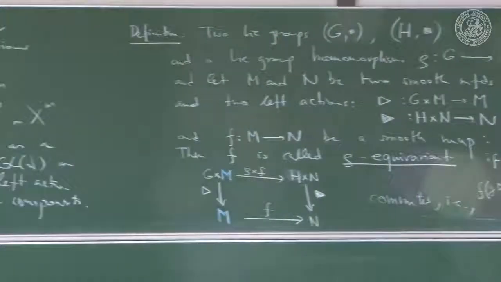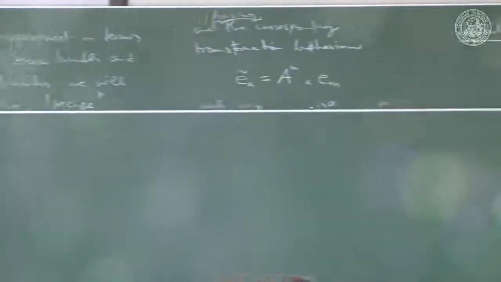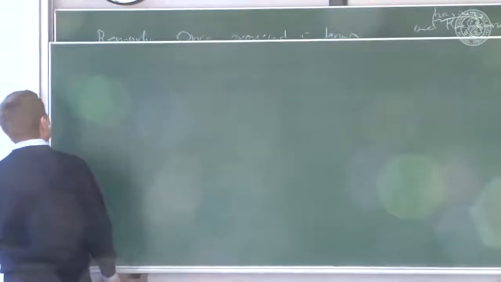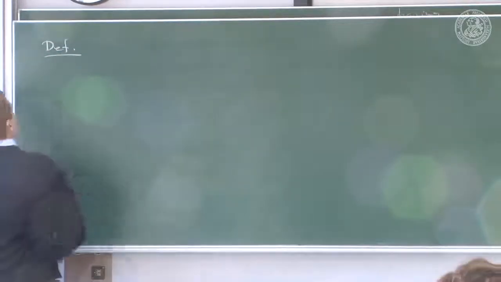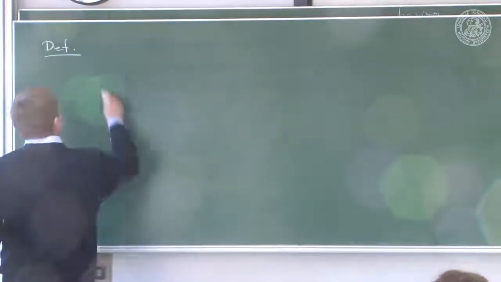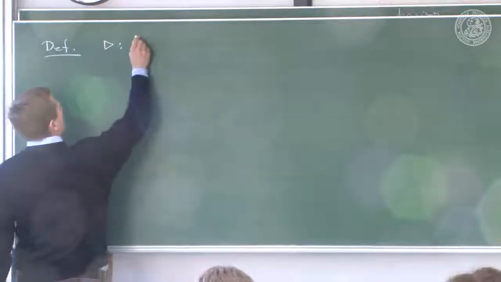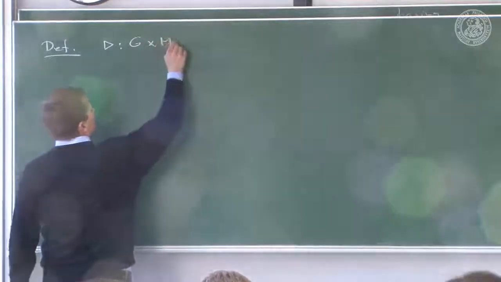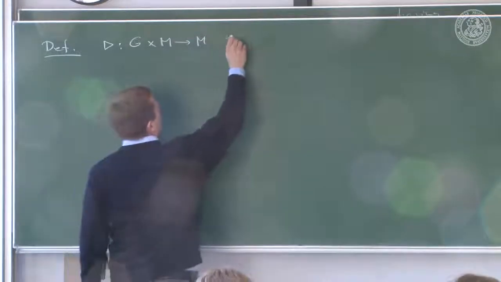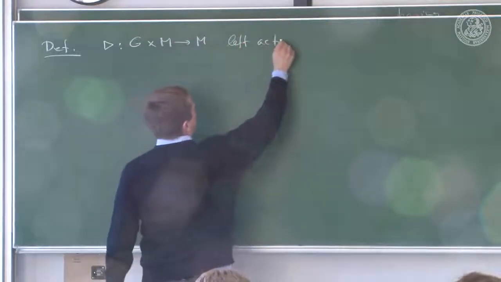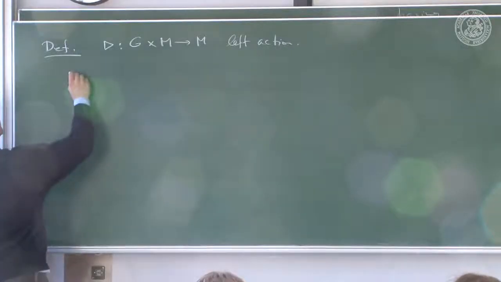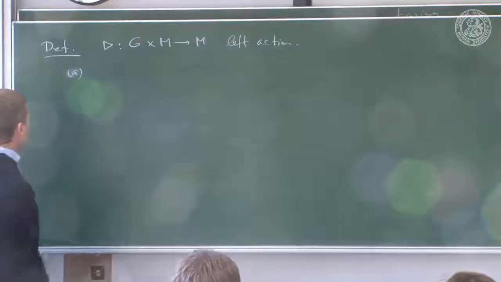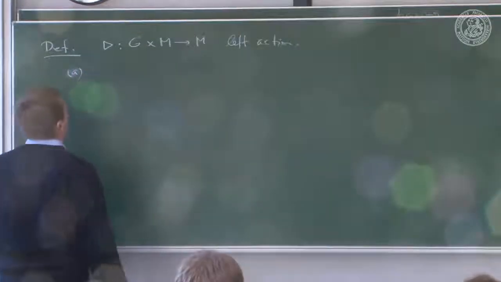Now, this is just for completeness at this point. Now we have further important notions which we're going to use heavily. So, definition. Let this map G cross M to M be a left action on some manifold M, obviously. Then we define the orbit of a point.